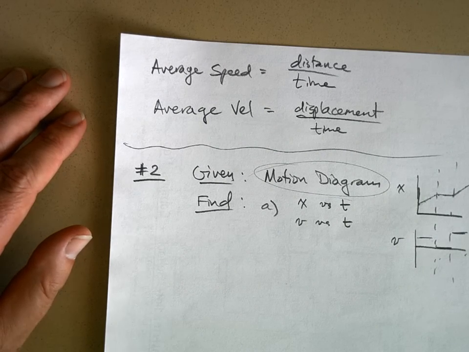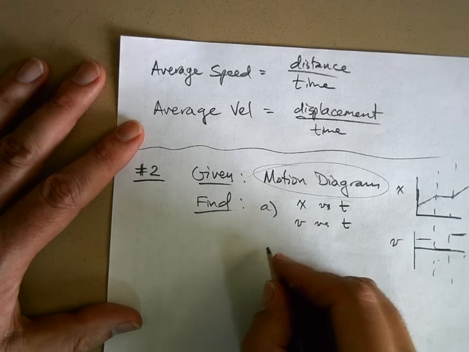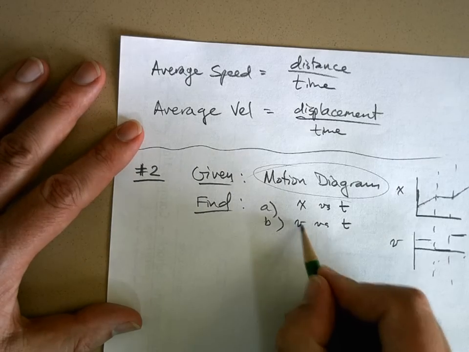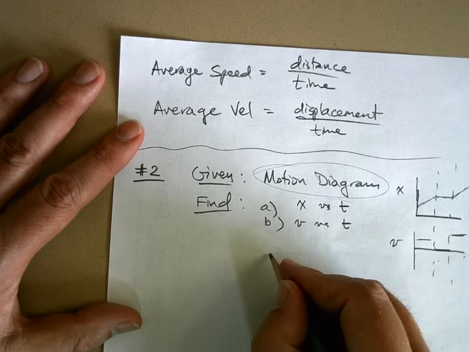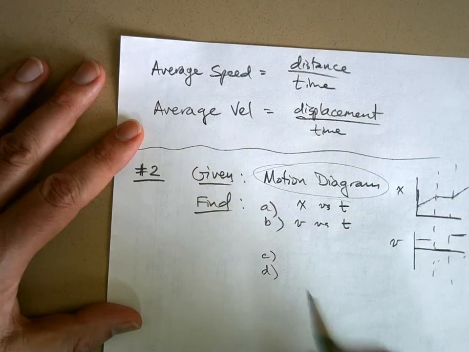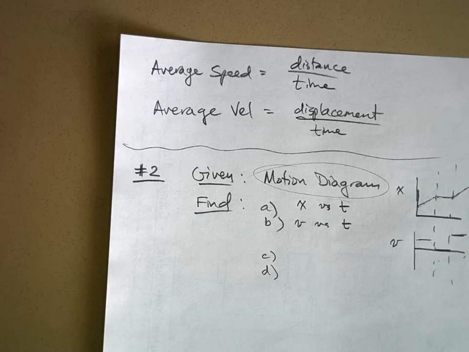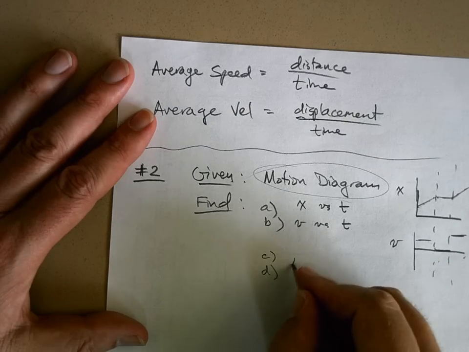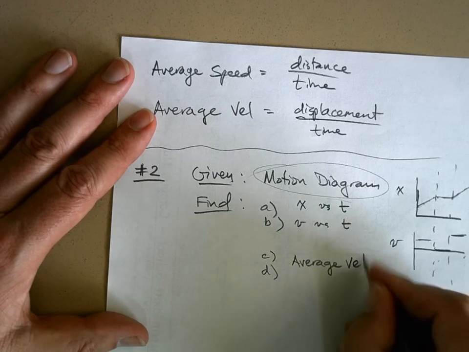And then this is A and this is B, but I want A and B as the kinematic stack. And then C and D, again, I'll give you a time interval, and you have to figure out average velocity and average speed.